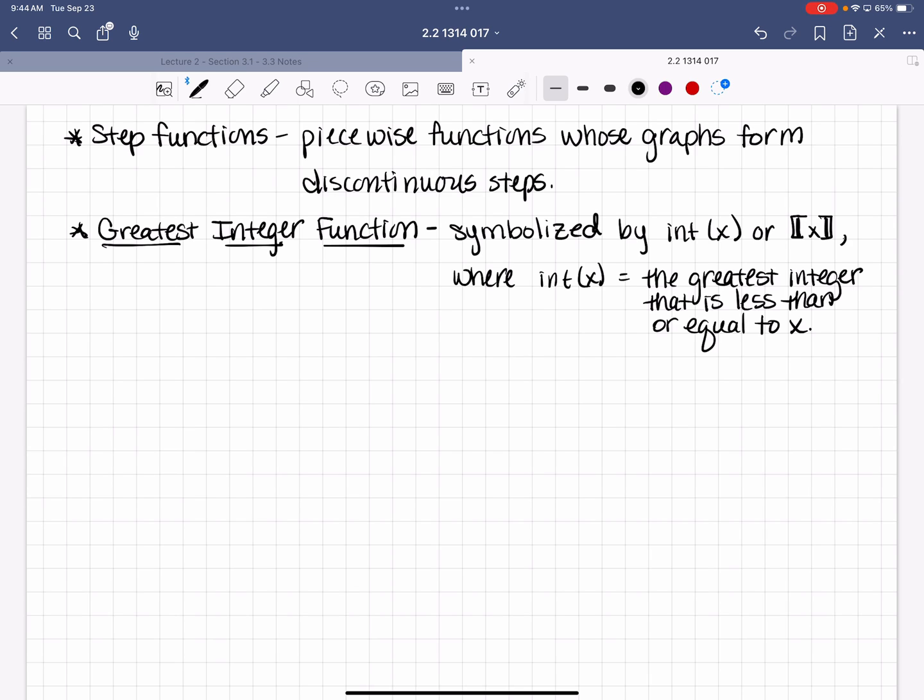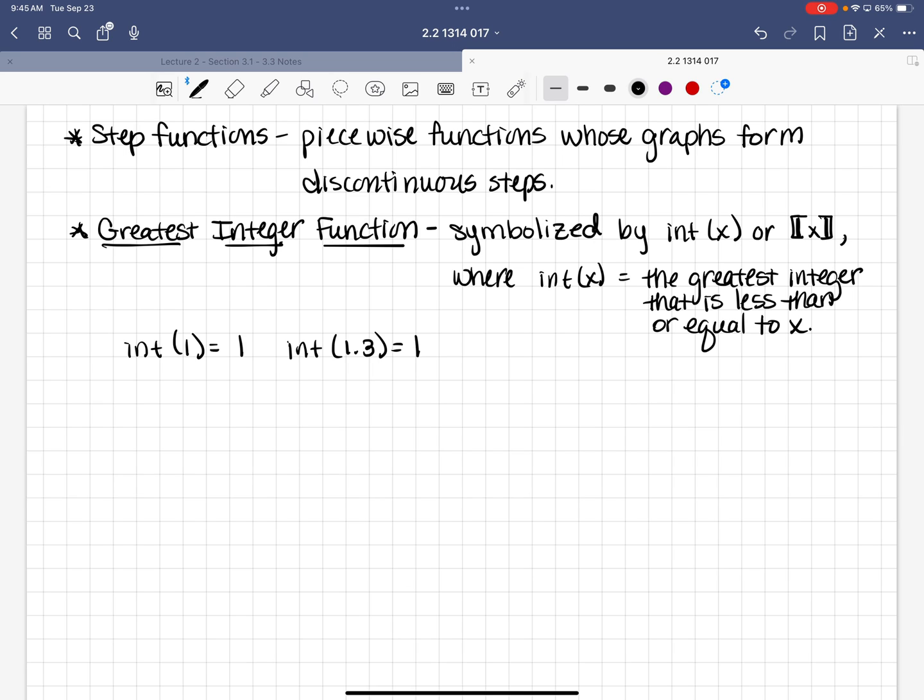So if I asked you what the greatest integer of 1 was, you would tell me just 1. What's the greatest integer of 1.3? 1, because it is the greatest integer that is less than or equal to whatever's in those parentheses. So it's got to be an integer, something like negative 5, negative 4, 5, 6, 7, 8.